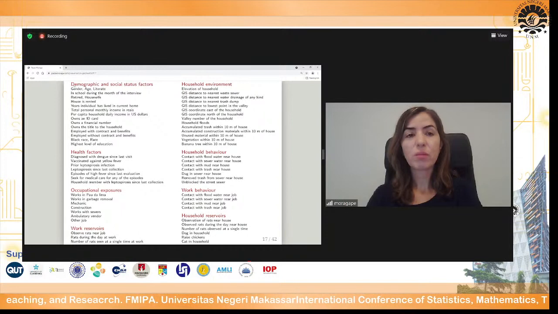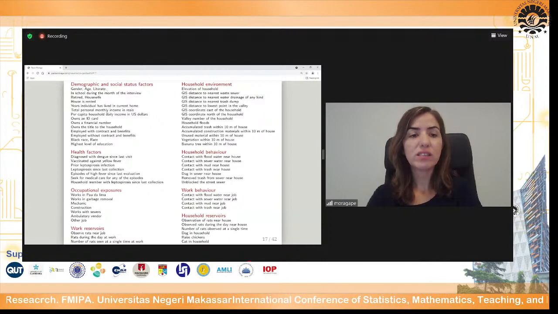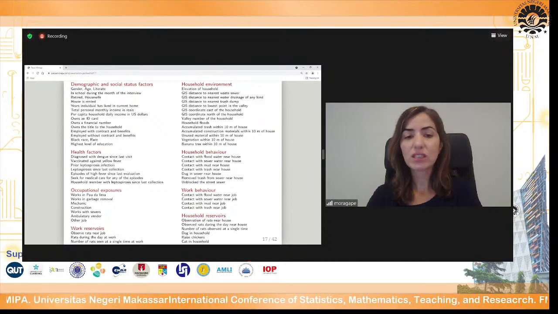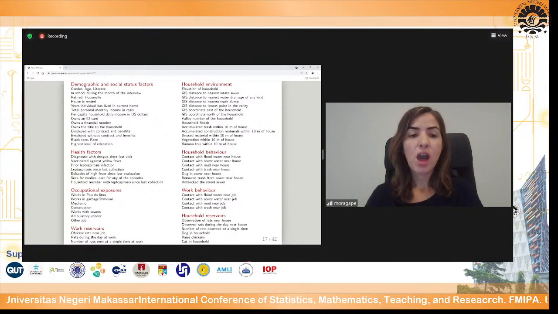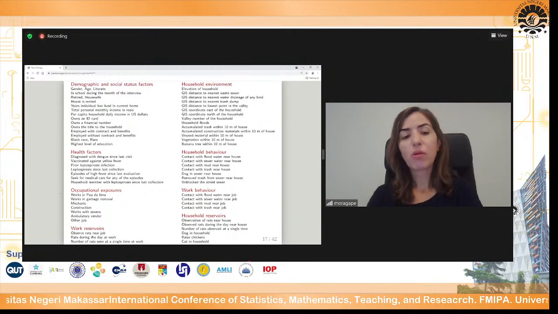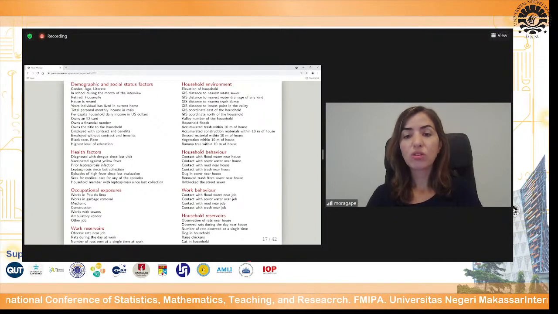We have demographic and social status factors, such as gender, age, being literate; health factors, such as diagnosed with dengue since last visit or vaccinated against yellow fever; occupational exposures, such as working in Paula, Lima or in garbage removal; household environment, such as elevation of the household or distance to the waste sewer or trash dump; household and work behavior, such as being in contact with flood water or sewer water near house or near job; and household and work reservoirs, such as observing rats near house or near job.